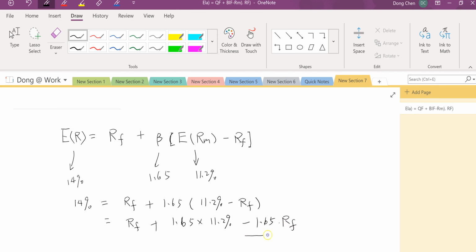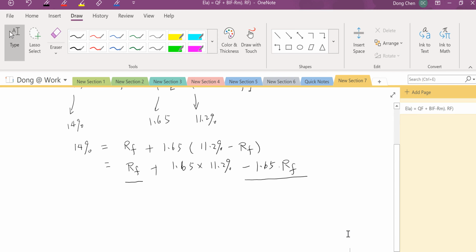So here you have minus 1.65 RF, and you have RF, so we can combine these two terms with RF and move this 14% to the other side. Because 1.65 times 11.2% and 14% are numerical, we can just combine them.